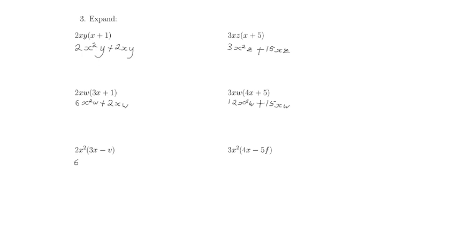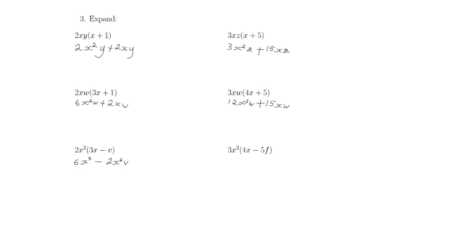This will give us x cubed. 2x squared multiplied by v is going to give us 2x squared v. We have subtraction here, so we're going to keep that, and we get 6x cubed subtract 2x squared v.